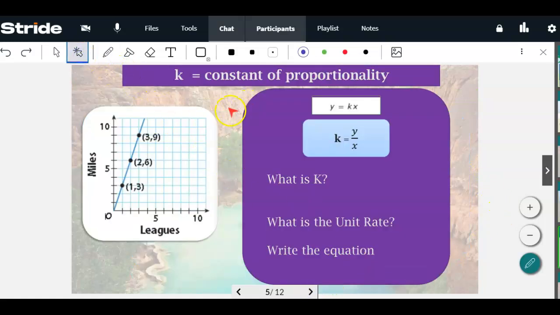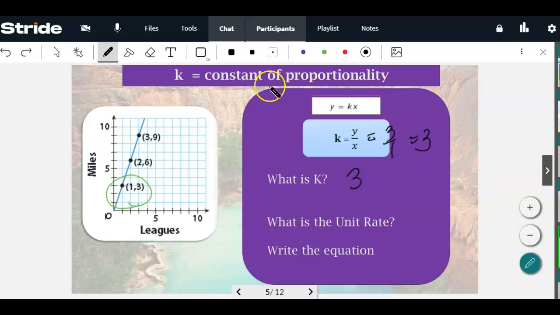All right, so just another example here. Actually, this is that same graph. I just went through this, so I didn't realize we had a separate slide here. So what is k? It's y over x. We used this point, and you can use any point. So that would be 3 over 1, which is 3. And so k is 3. Unit rate. So think about that question.